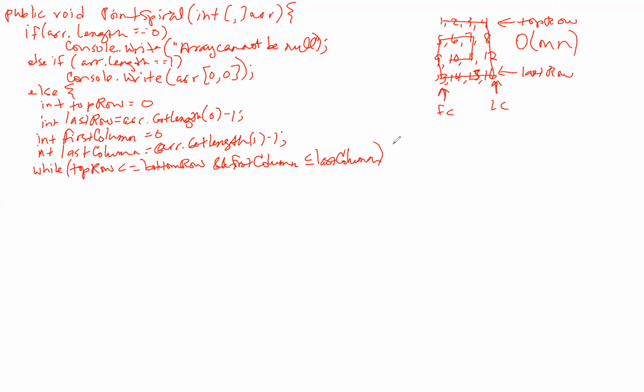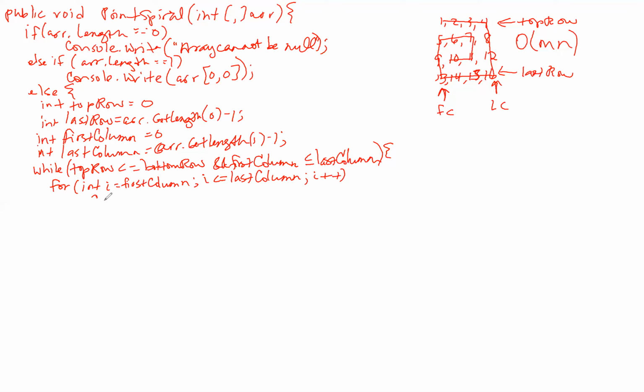All right, so first thing we want to do is traverse the top row from left to right. So we can do that by making a for loop. And it's going to go from the first column. So we'll start i at the first column, and i is less than or equal to last column, and i plus plus.